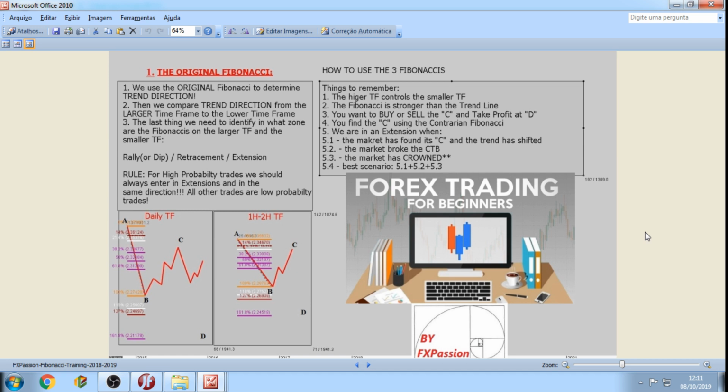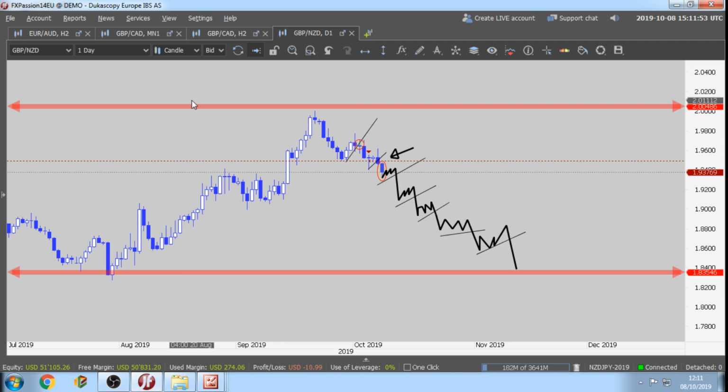Okay, everybody, you need to learn this if you're going to use the Fibonacci's. If you aren't going to use the Fibonacci's, no problem. But if you are going to learn the Fibonacci's, you need to learn the rules and remember the concepts, remember the rules.